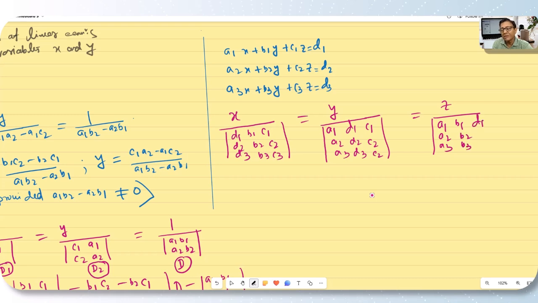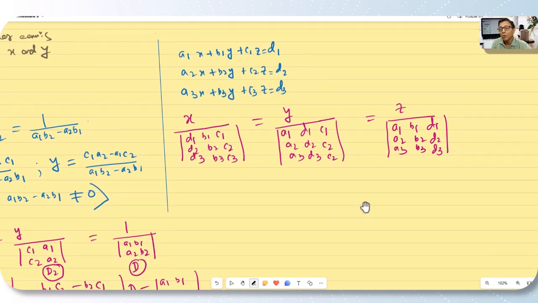And finally it is 1 by the coefficient determinant, a1, b1, c1, a2, b2, c2, a3, b3, c3. These are also determinants.